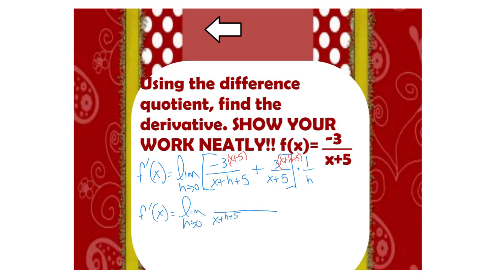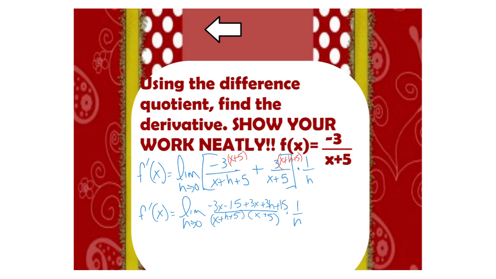You can FOIL these together, but you don't really need to. I wouldn't take the time because it's going to fall out when you go do your direct substitution. So don't mess with it. Okay. When I distribute up here, I'm going to have a negative 3x minus 15 plus 3x plus 3h plus 15.